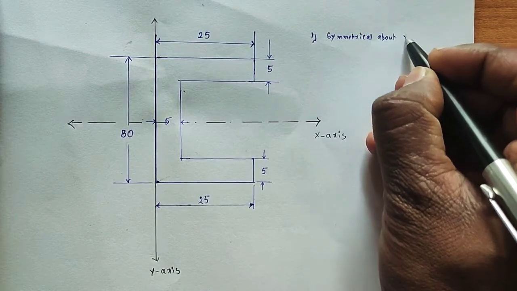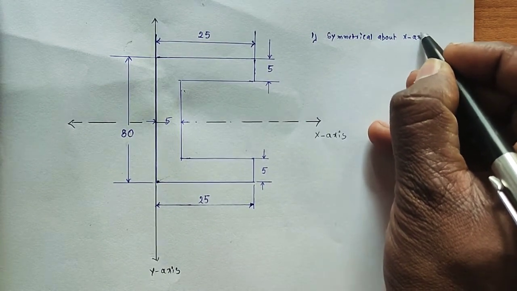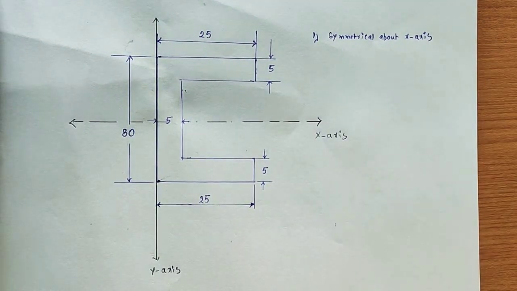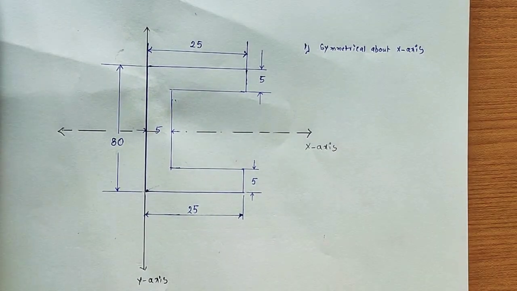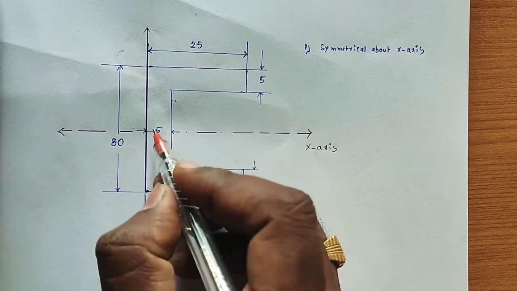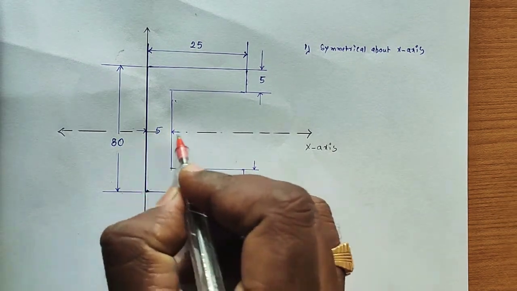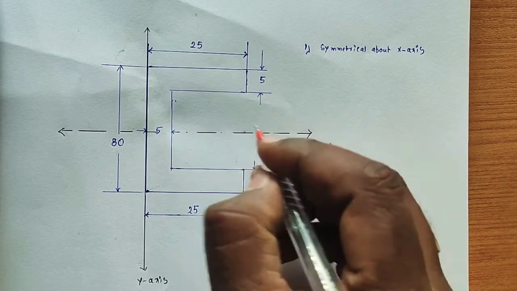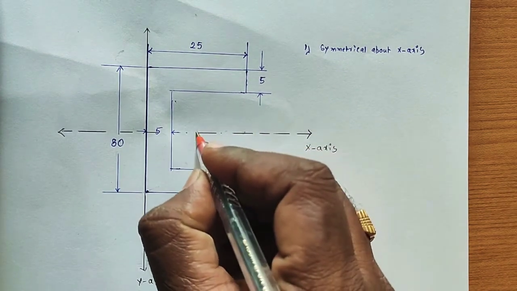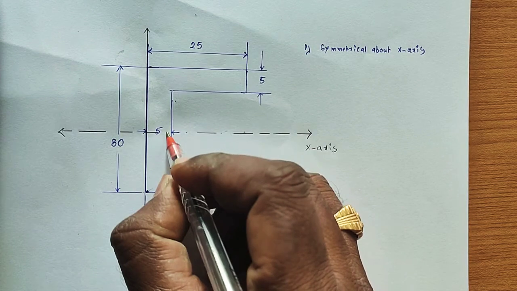The first point is it is symmetrical about the x-axis. Symmetrical about the x-axis means the centroid is going to be present definitely on this x-axis. It may be present here, or here, or here, or here.